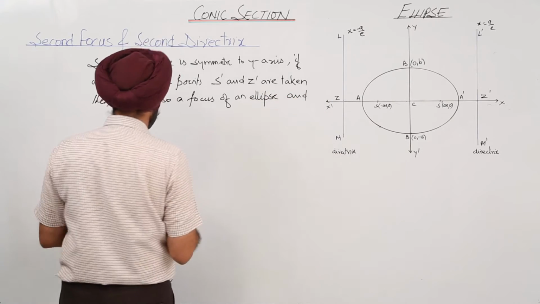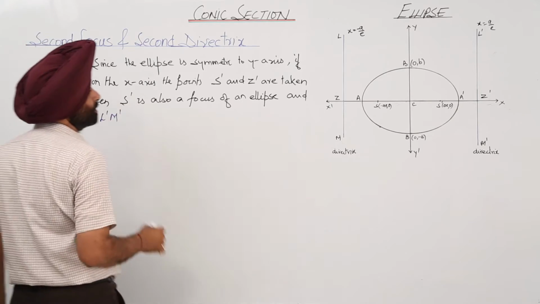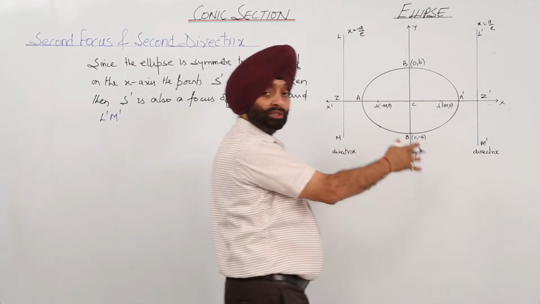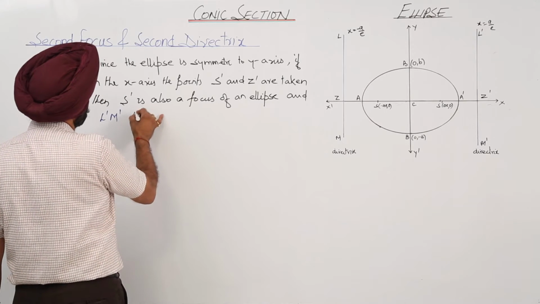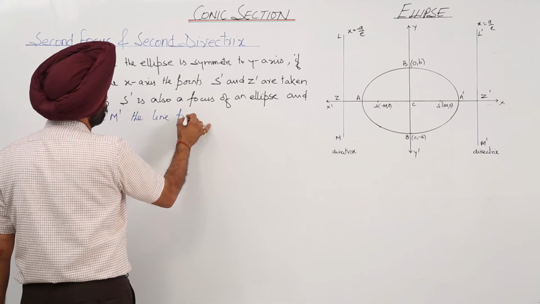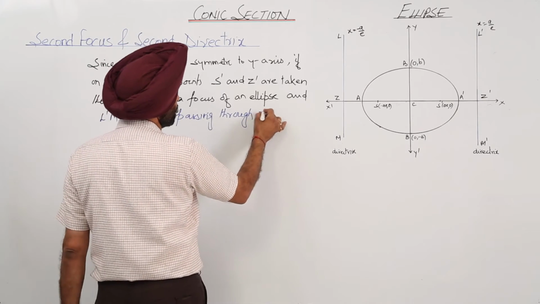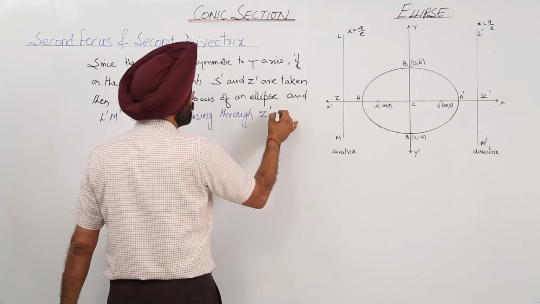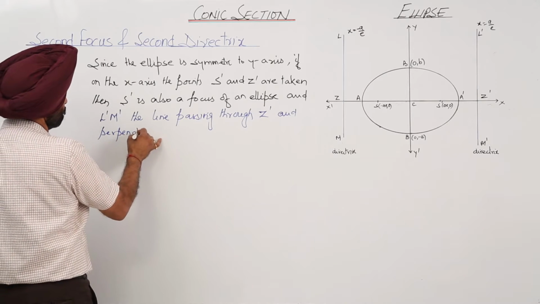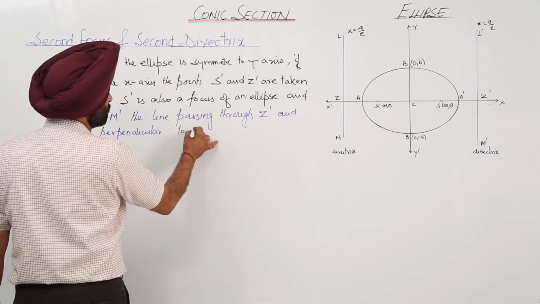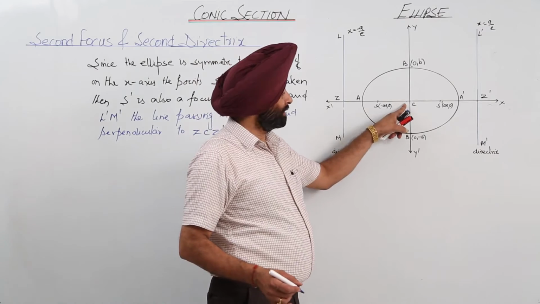And L dash M dash, this means the straight line L dash M dash, is the line passing through Z dash and perpendicular to ZC Z dash, where Z is the point of the first directrix and C is the center.